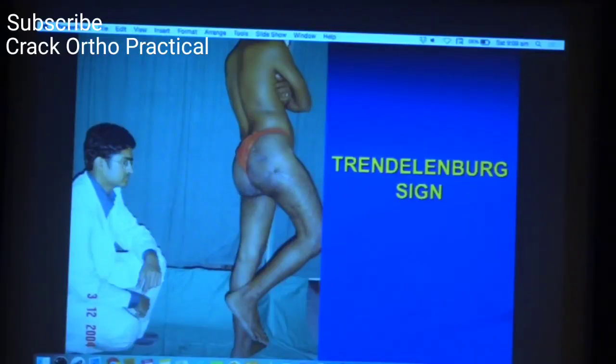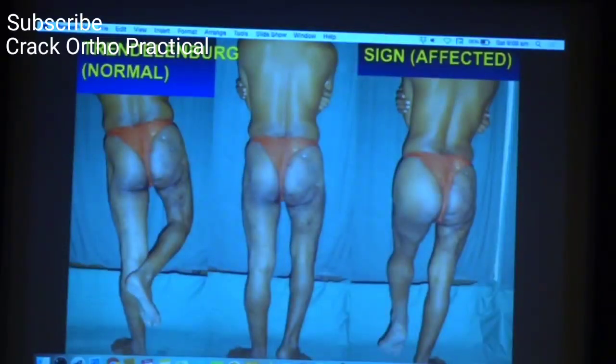So, to give you an idea of the Trendelenburg sign, we demonstrated yesterday also, but to recapitulate, the patient is first asked to stand on the normal side. The gluteal fold on the affected side would rise up. It will go proximal.